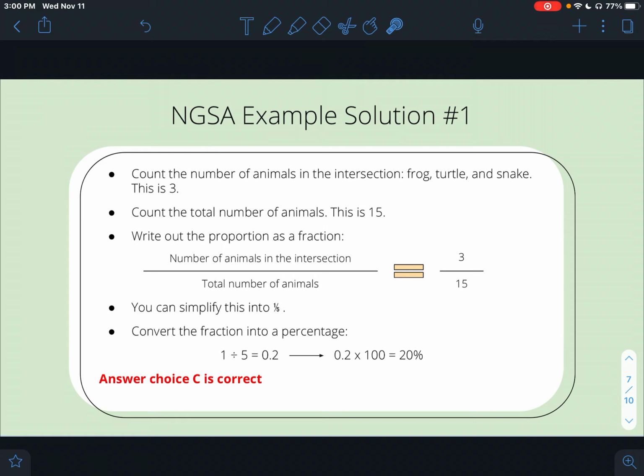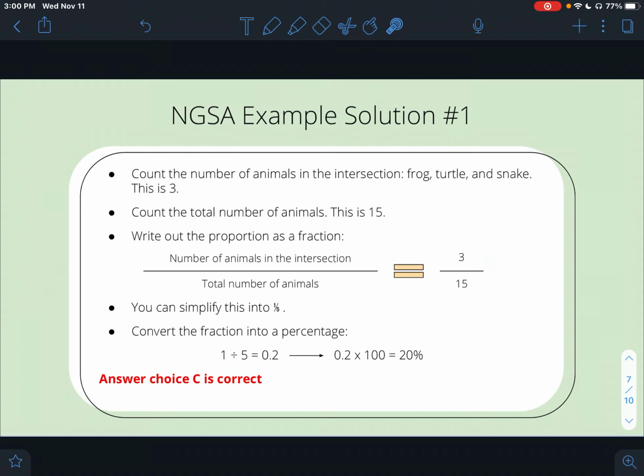To find the percentage, we need to first write out the proportion. By writing out the proportion, we can see that 3 out of 15 total animals can be both on land and in water. We can then simplify 3 over 15 into 1 over 5 by dividing the top and the bottom by 3.